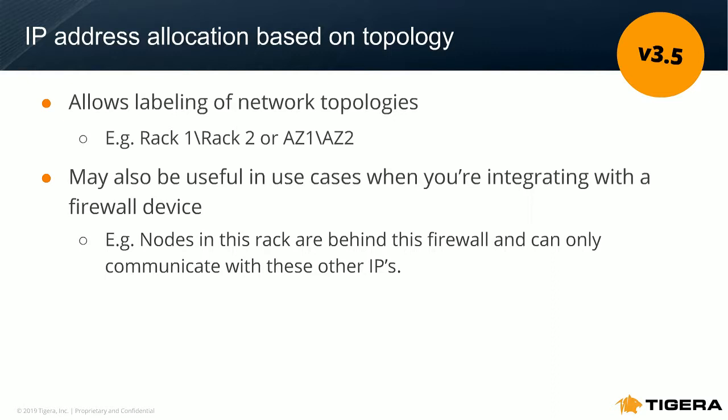Not that we would advocate a firewall, but if you wanted to use one, you could stick a firewall between a couple of racks, and you could create firewall rules that would rely on the fact that a certain set of IPs is in one rack and another set of IPs is in the other rack, right? So this is one potential use case for leveraging network topology for the assignment of IPs.